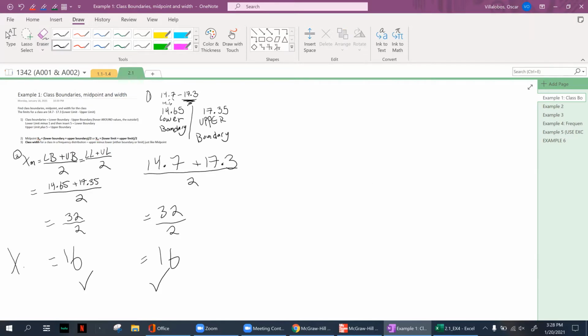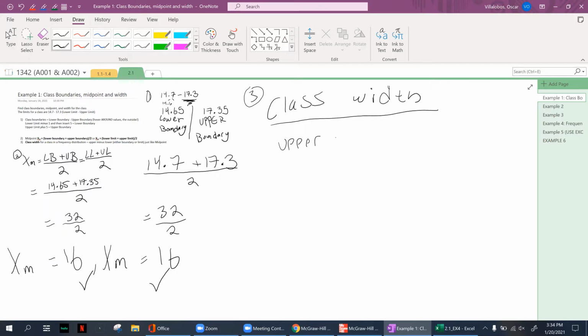And to find the class width, which is part 3, you can use your upper minus the lower.